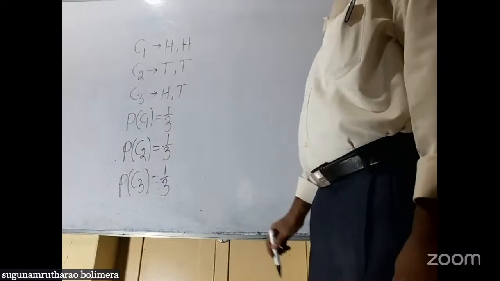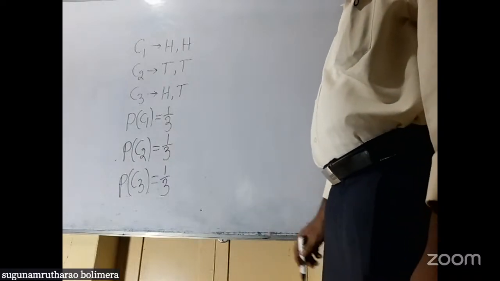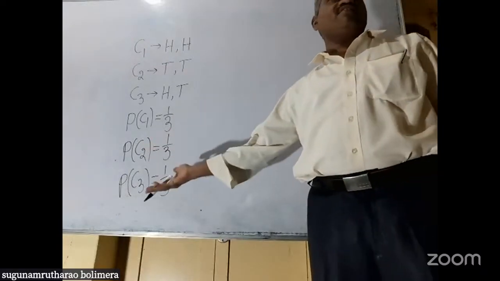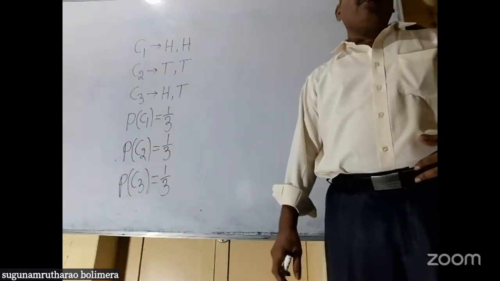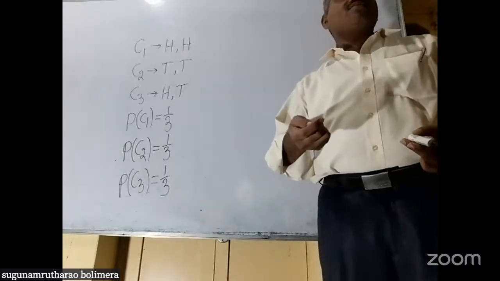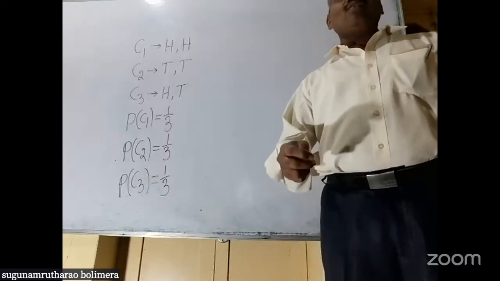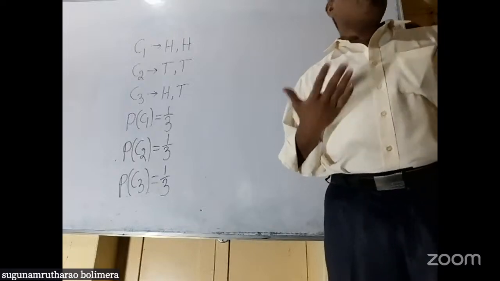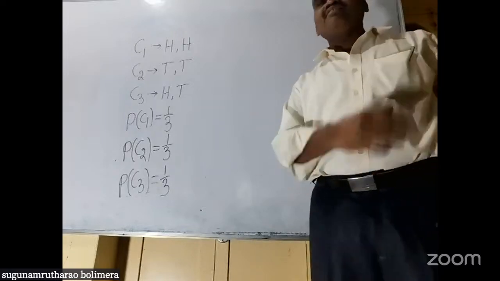Okay, so here I have chosen 3 coins, any one of those 3 coins in these probabilities. And the taken coin is tossed. It turns up head.